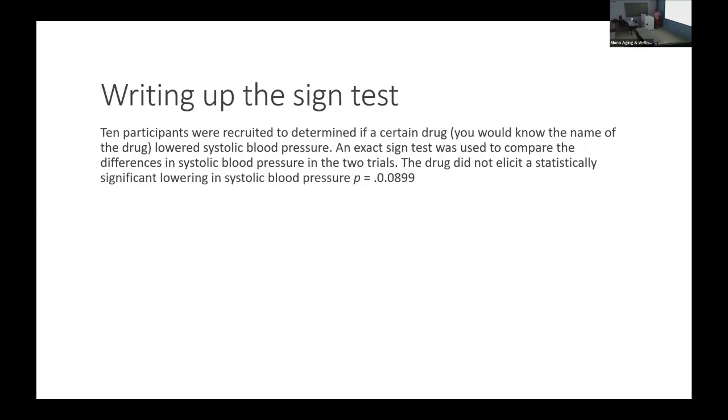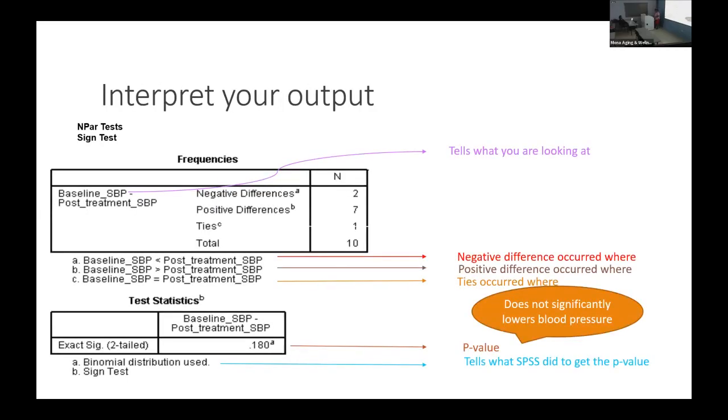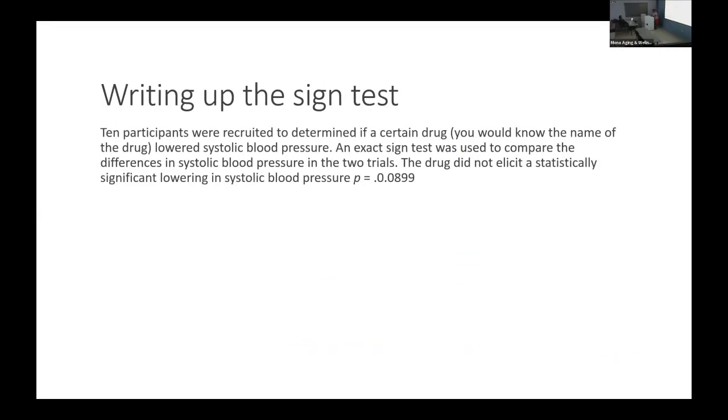An exact sign test was used to compare the differences in systolic blood pressure in the 2 trials. The drug did not elicit a statistically significant lowering in systolic blood pressure. And our p-value is equal to, oh Lord, so many decimal points.